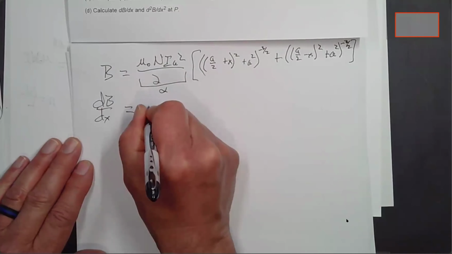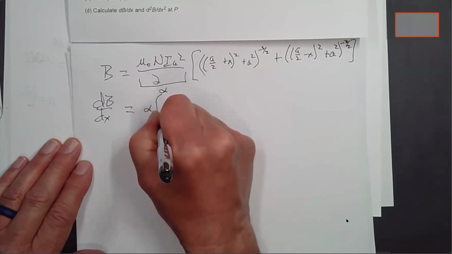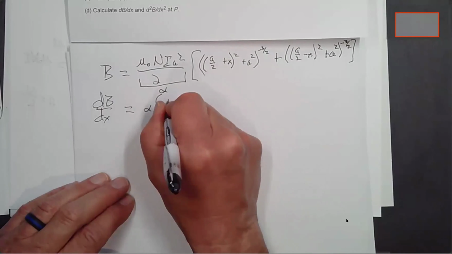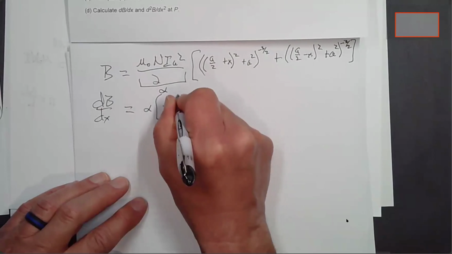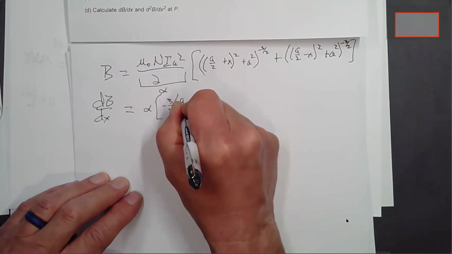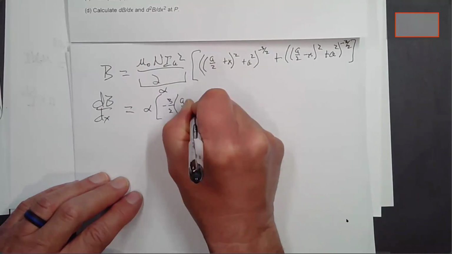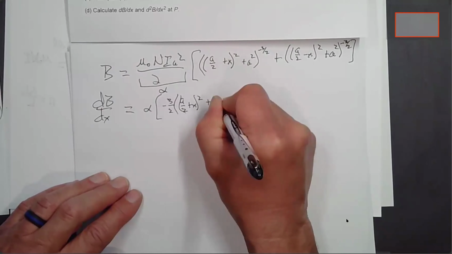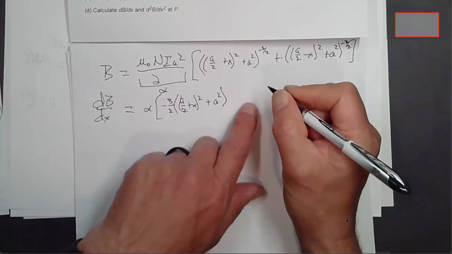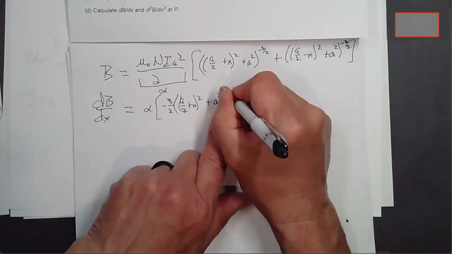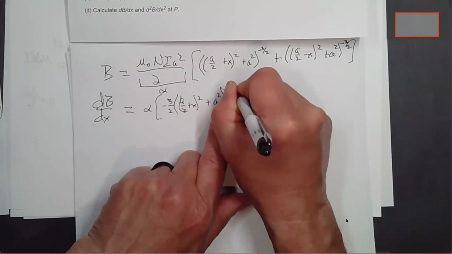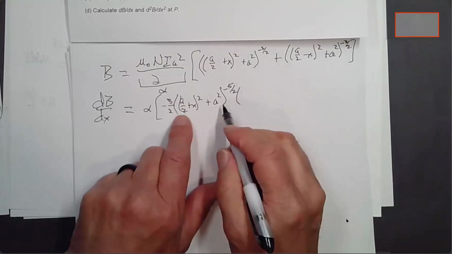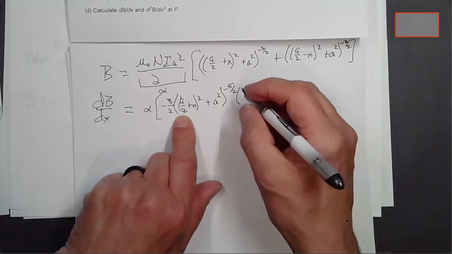And so I'll have alpha times, when I take the derivative of this, I'll get minus 3 halves times A over 2 plus X quantity squared plus A squared. And then this will be to the minus 5 halves, right?